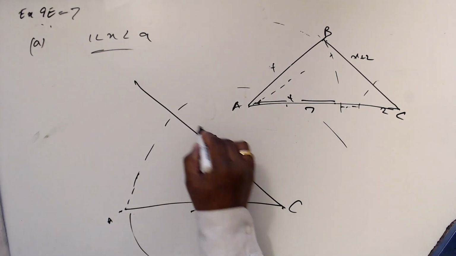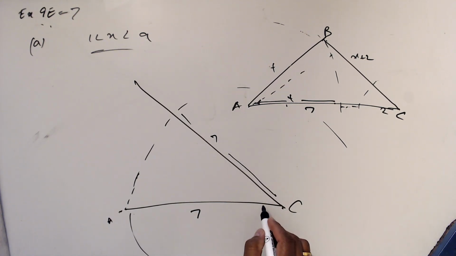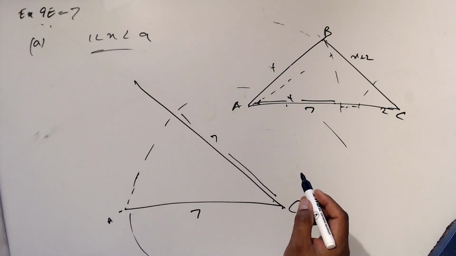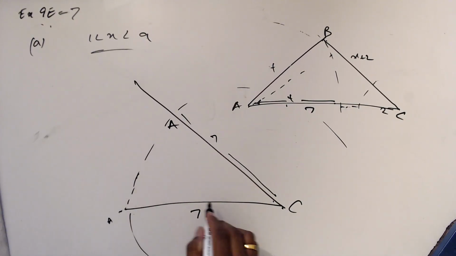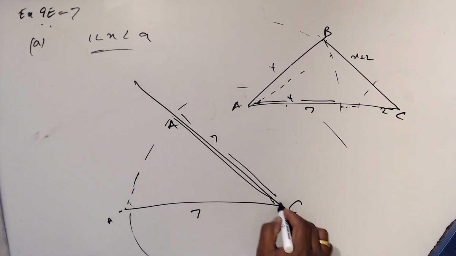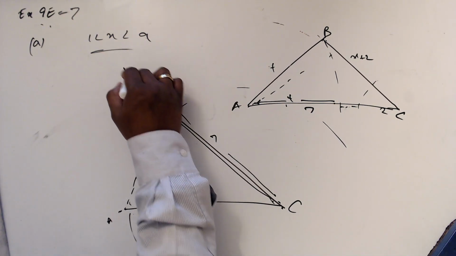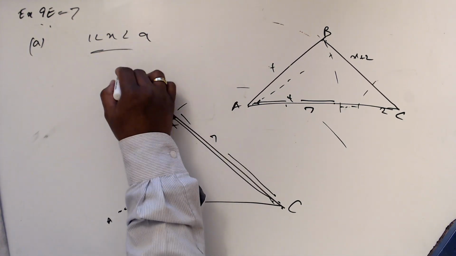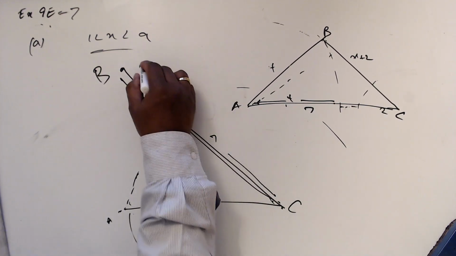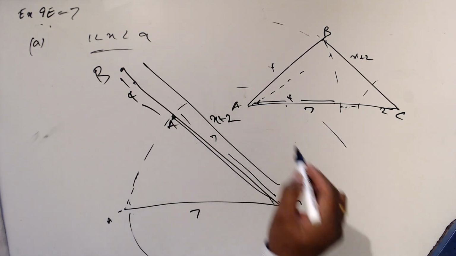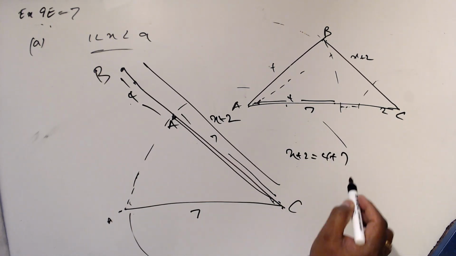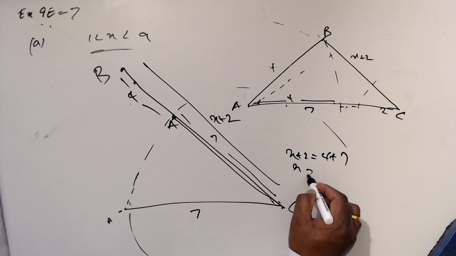Then I'll overlap this A with this one, and I'm going to drag B. So this is 4. Now this distance has to be equal to x plus 2. Now x plus 2 equals 4 plus 7. It means x equals 9.